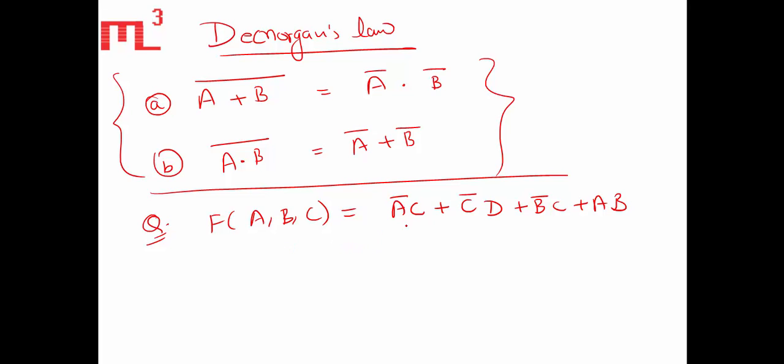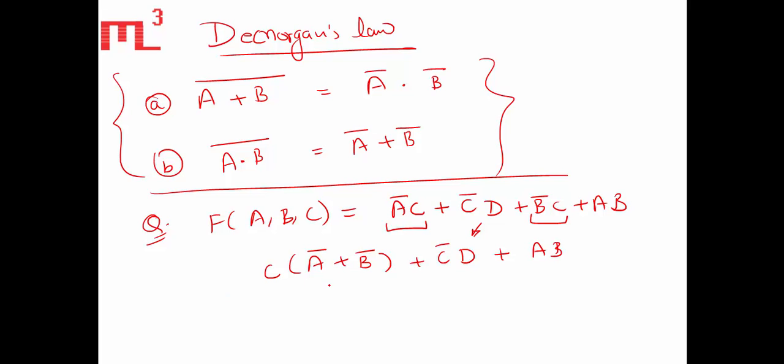So in the simplification, from this term and this term we can pick c out. So we will have a bar plus b bar in that case, and then we will have c bar d, this term, and the last term ab.